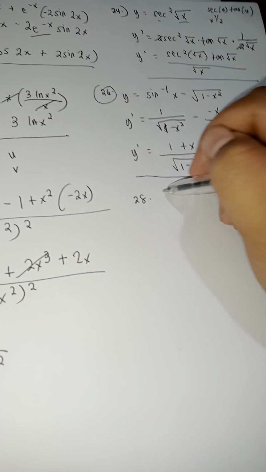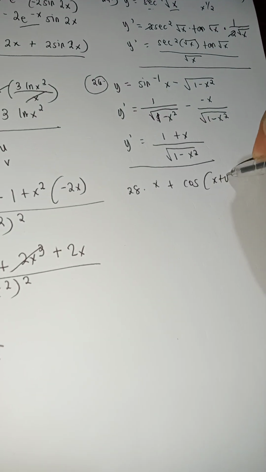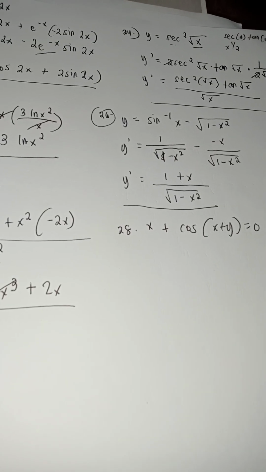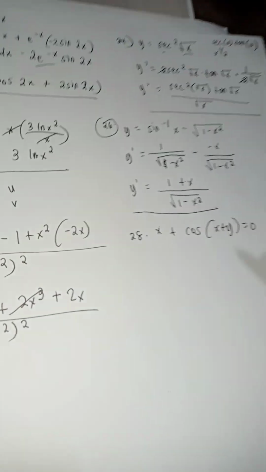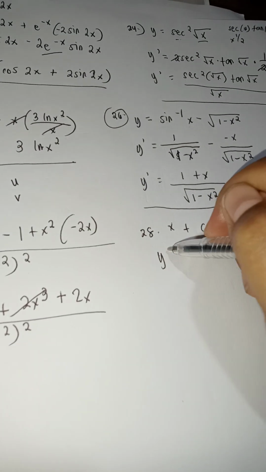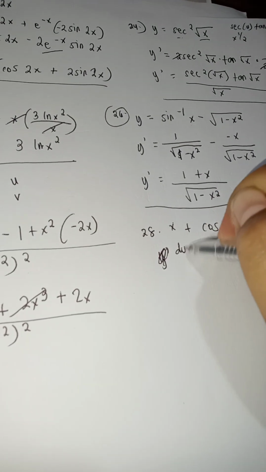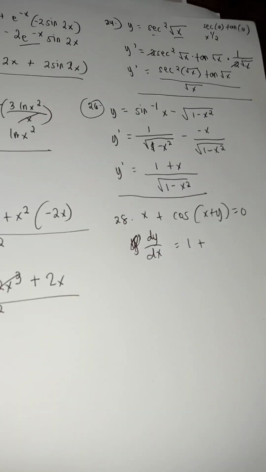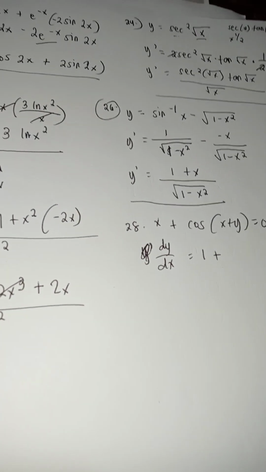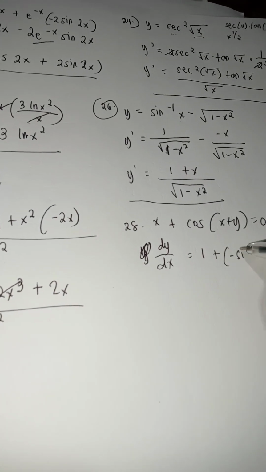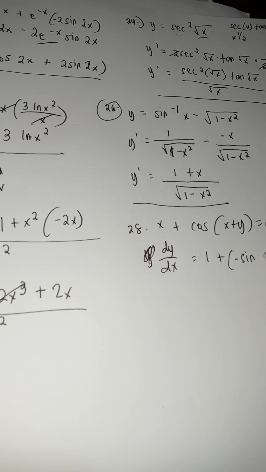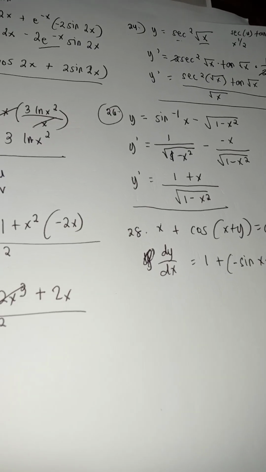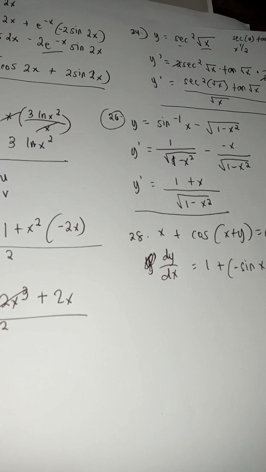Number 28 is x plus cos of x plus y is equal to 0. By solving this number 28, we are going to differentiate it implicitly. So y prime, or dy over dx, is equal to the derivative of x, which is 1, plus the derivative of cos, which is negative sine of x plus y times 1 plus dy over dx, equal to 0.